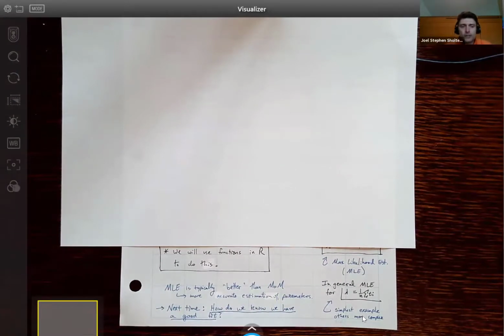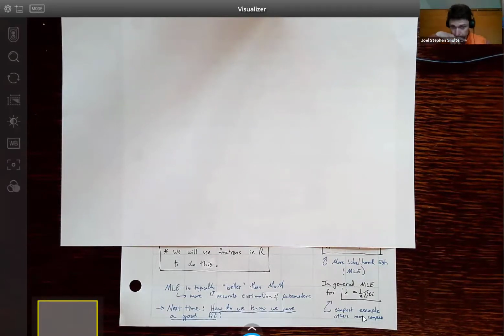But a big part of this is we've been assuming the distribution. So you still have to assume what the distribution is of your data. We assumed that this was going to be an exponential distribution for our inter-arrival times. Sometimes we might not know what the best distribution is. That's often the case for extreme value distributions. You don't necessarily know which extreme value distribution is going to fit the best.